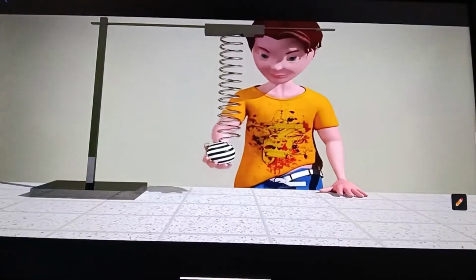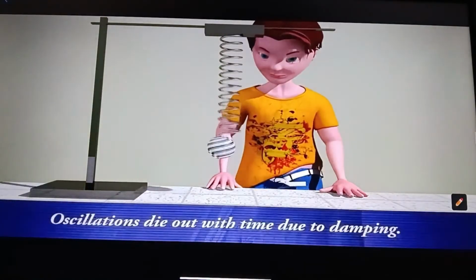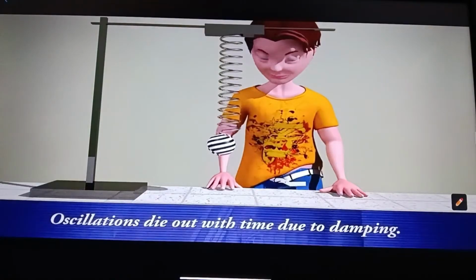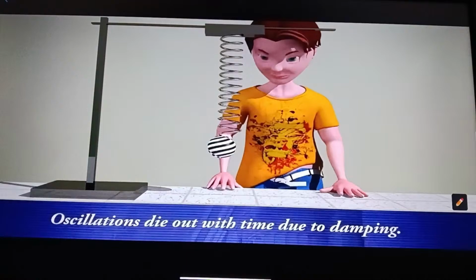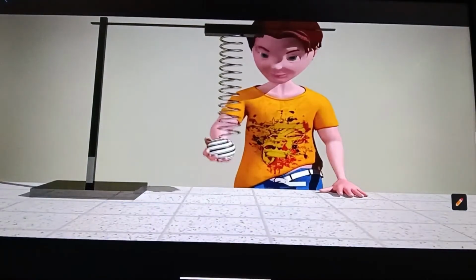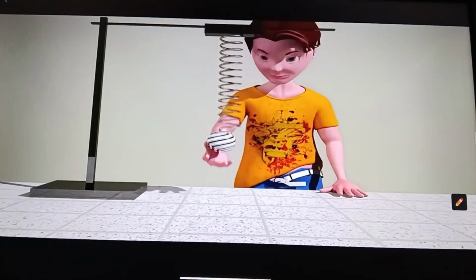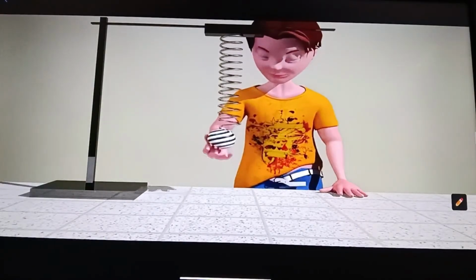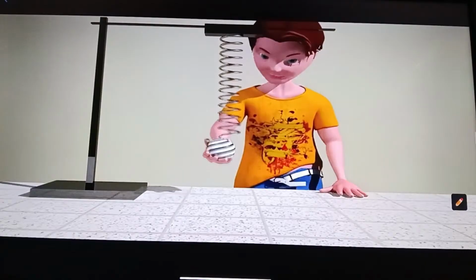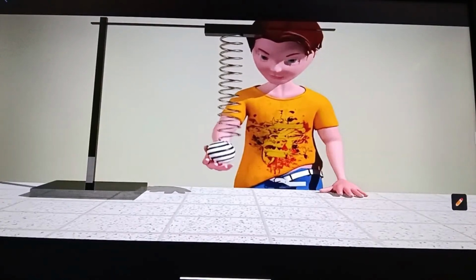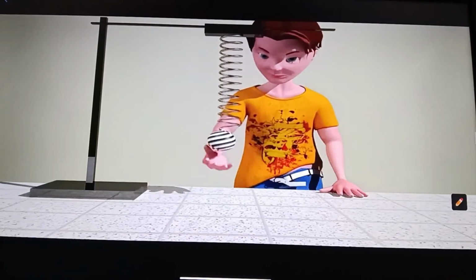Now, if the ball goes up and down, the oscillations die out with time due to damping. However, if the hand also goes up and down along with the ball, this external force of the hand gets applied to the system, and now the ball starts oscillating without dying out.